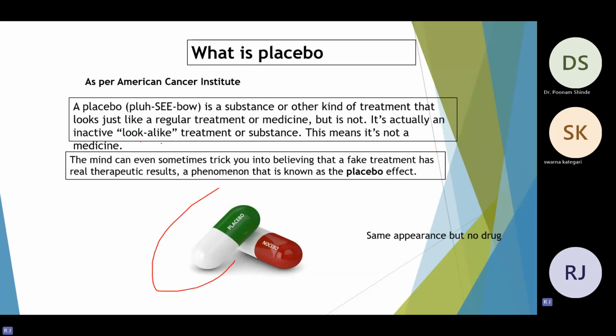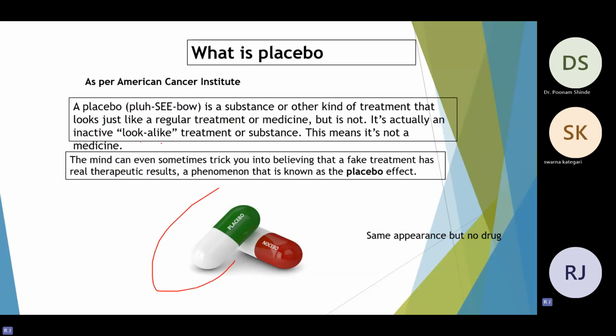When I teach you about trial design, like blinding, masking, randomization, treatment arms, then you will have a better understanding of why the placebo is there. But for now, understand that a placebo is an inactive drug. It will not have any effect, but it will look like a drug.